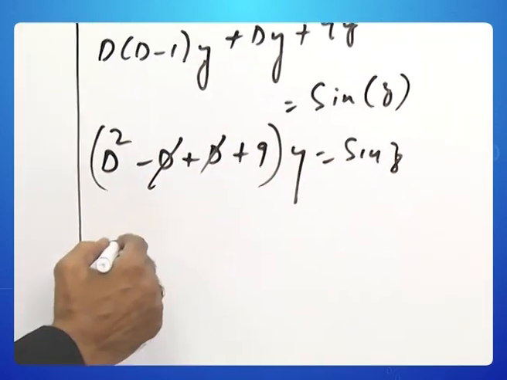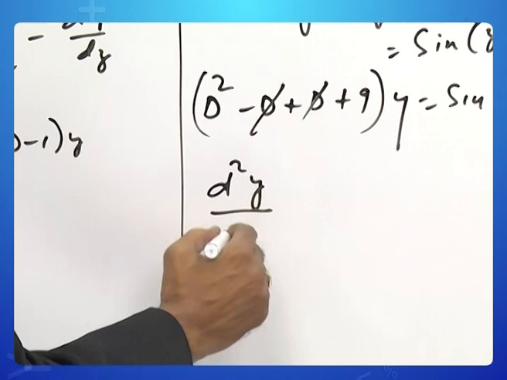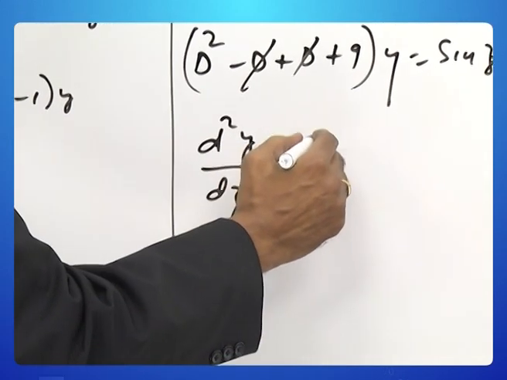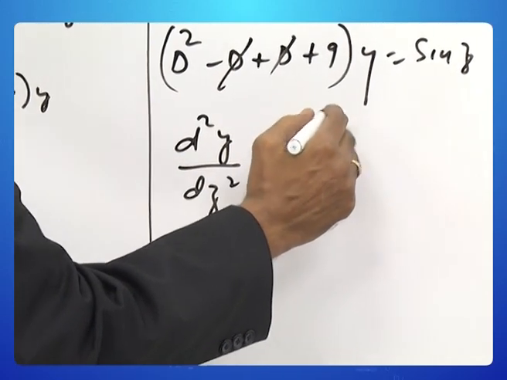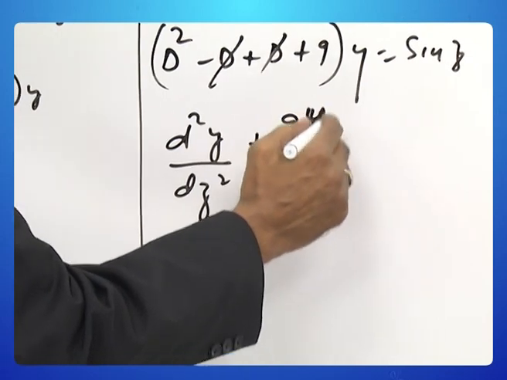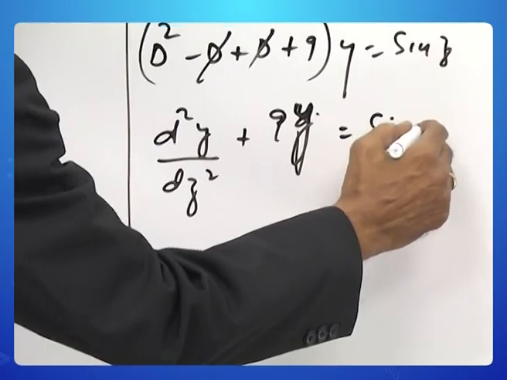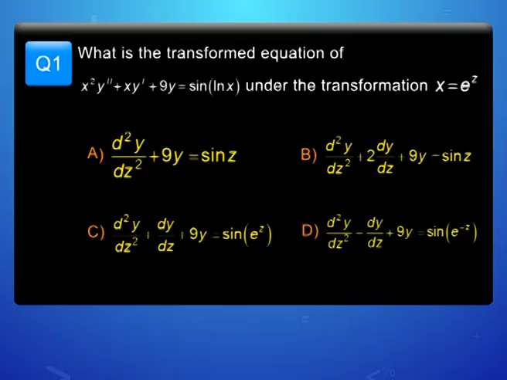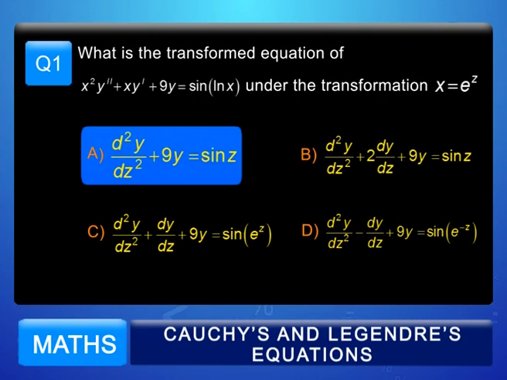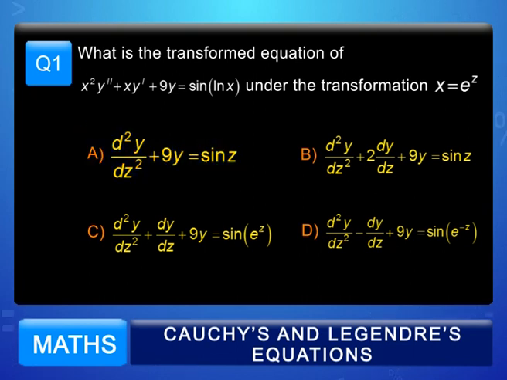So, you will get a second order differential equation d square y by dz squared plus 9y, there is no first order term, is equal to sine z. So, you can see this is the transformed equation corresponding to option A of the problem.